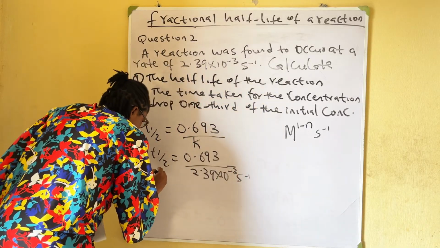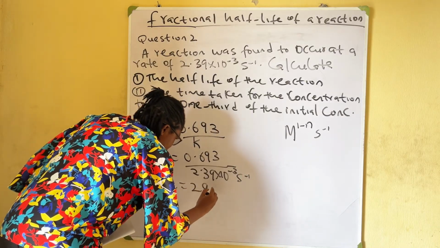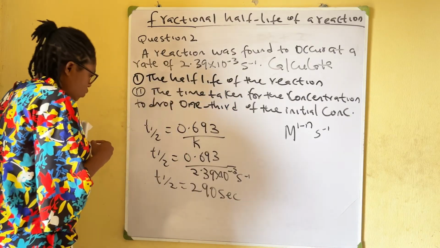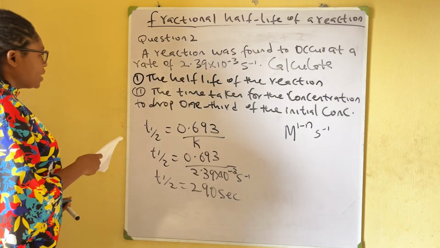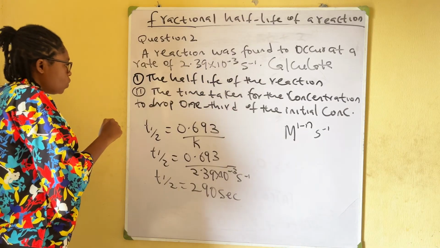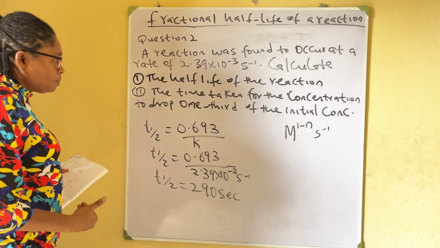So the value of T half-life is going to be 290 seconds. So that is the answer. 290 seconds. So question number 3, we are looking for the time taken for the concentration to drop to 1/3 of the initial concentration.